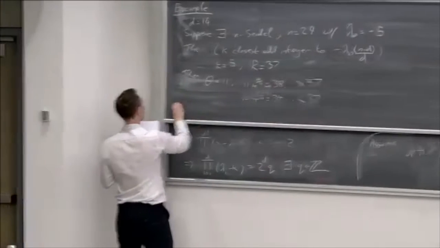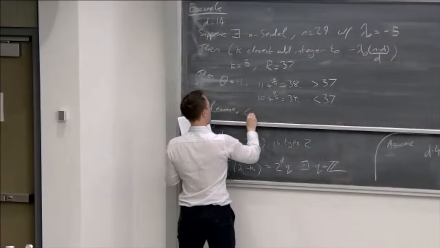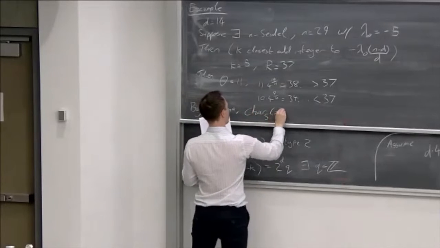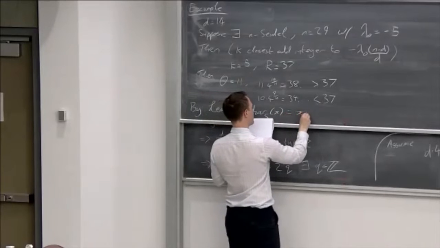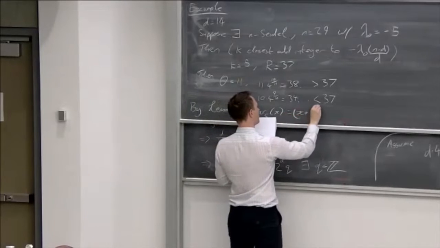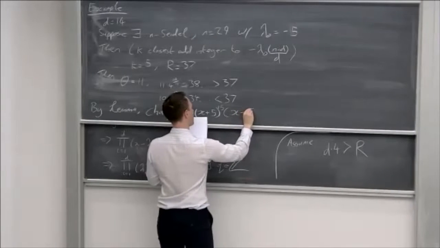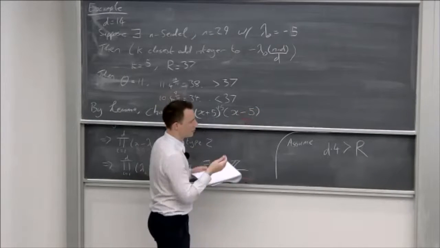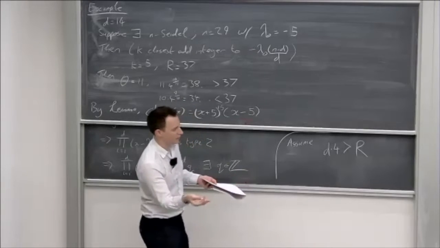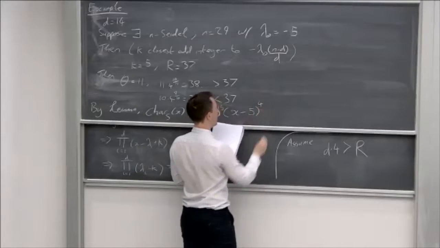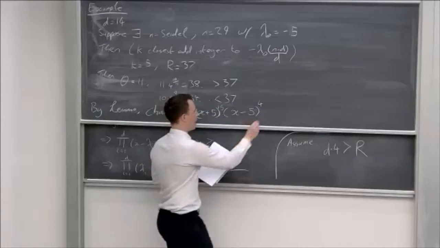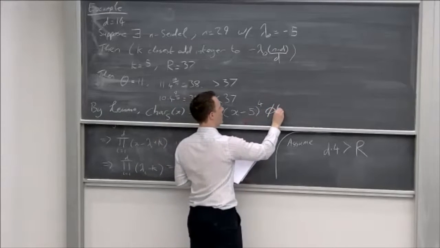By this lemma, we can write the characteristic polynomial of this sided matrix has the following form. x plus 5 to the 15, x minus k, which is 5, to the power d minus 1 minus theta, which gives us 4 in this case. And then we still get this remaining factor.